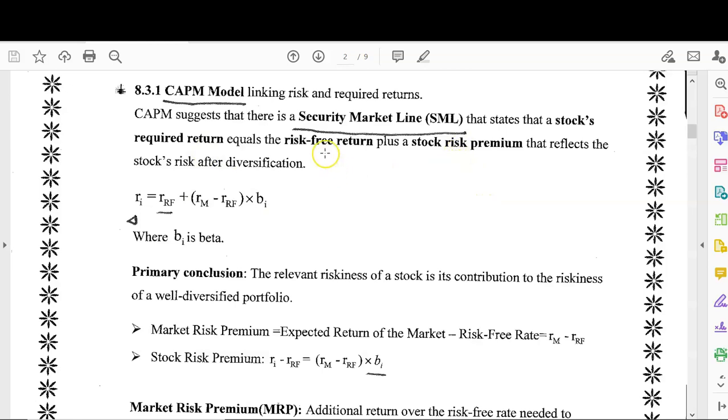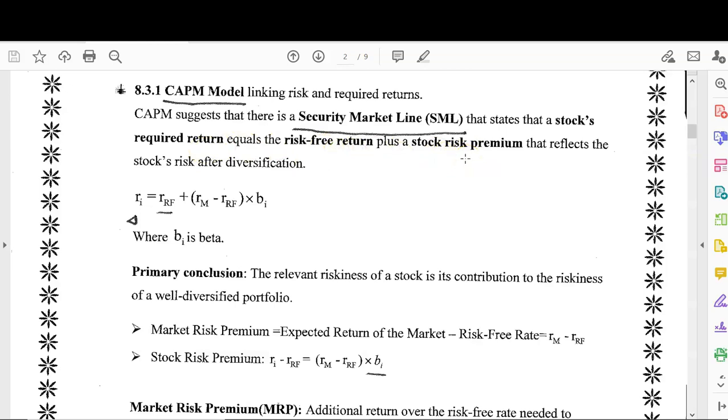Okay, so for riskless assets, the return is risk-free return. And for the risky assets, for example, stocks, for example, bonds, their return would be equal to the risk-free return plus the risk premium of the stock or the bond. Okay, that's why in the bond chapter, bond return equals risk-free rate plus bond risk premium.